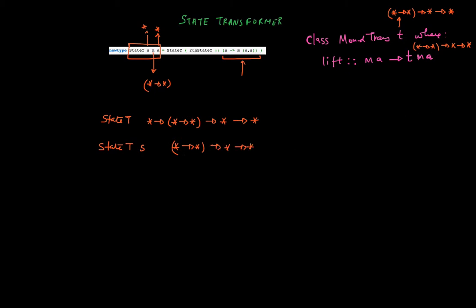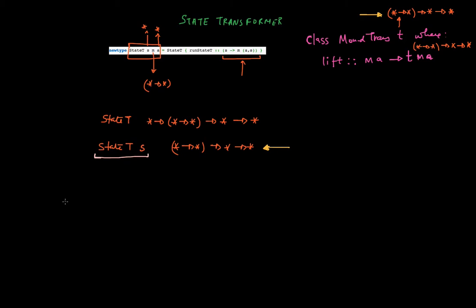Now if I look at the kind for StateT s and the kind for t, they completely match up. Meaning if I would like to create an instance of MonadTrans, then in place of the t, I must be passing in StateT s, because the kinds for both match up.